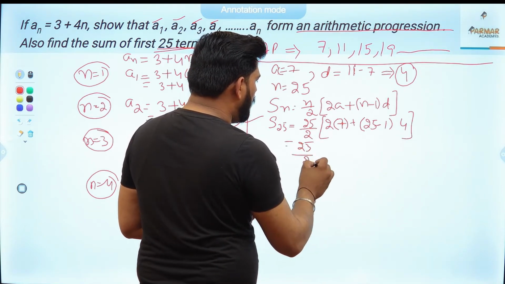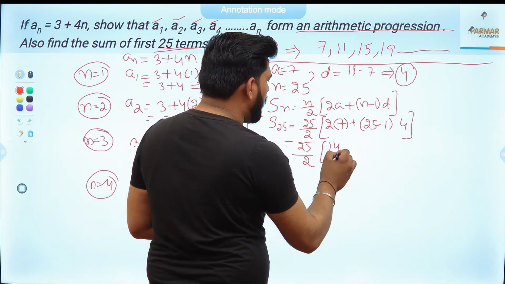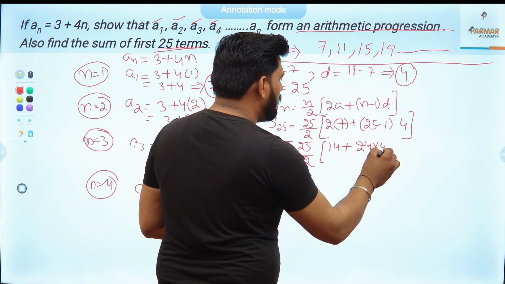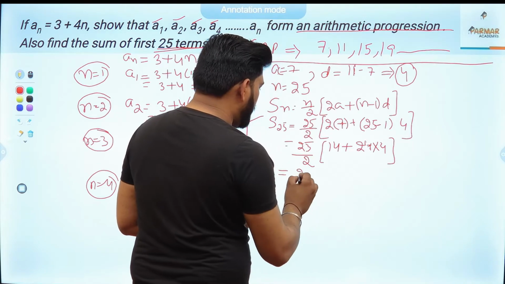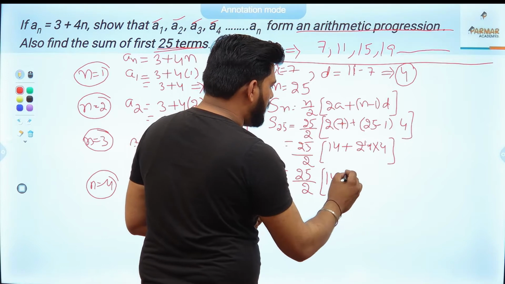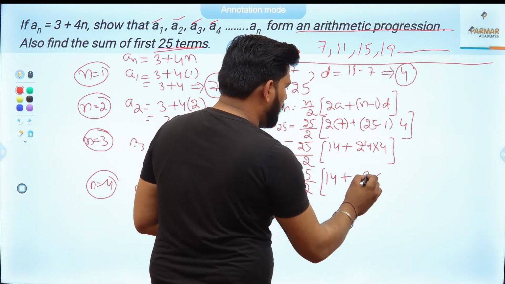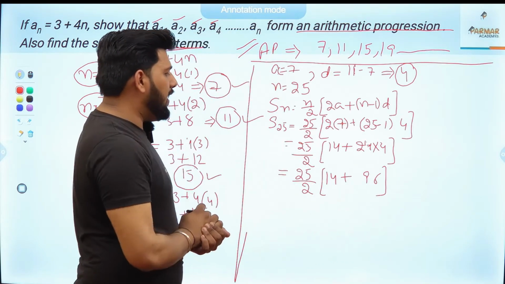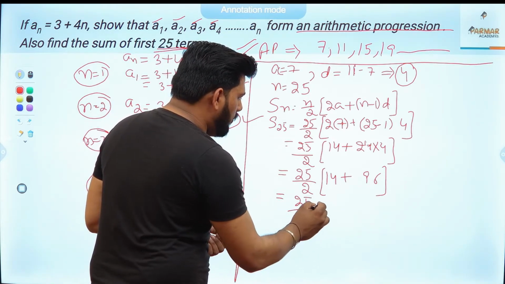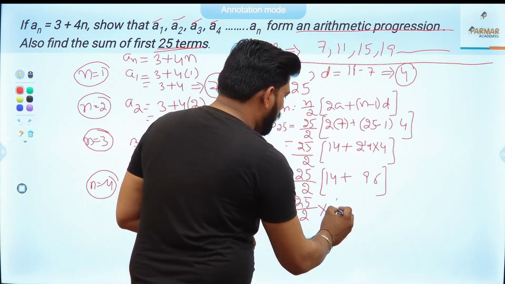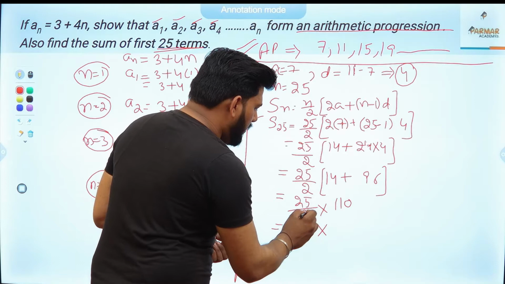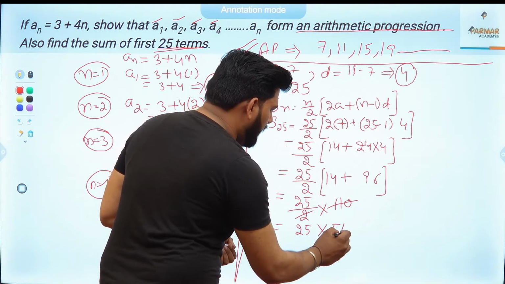25 upon 2, 7 2s are 14, plus 25 minus 1, 24 into 4. This is 25 upon 2, 14 plus 24 fours are 96. So that is equal to 25 upon 2 into 110, that is equal to 25 into 55.